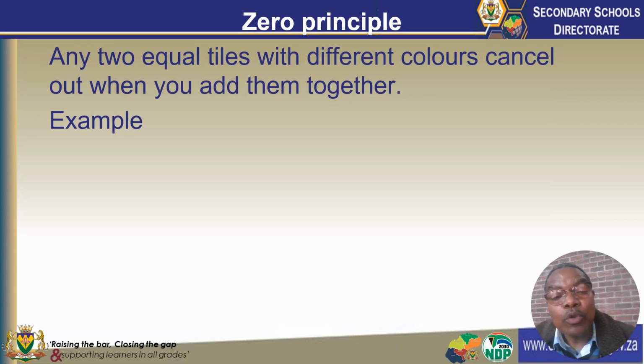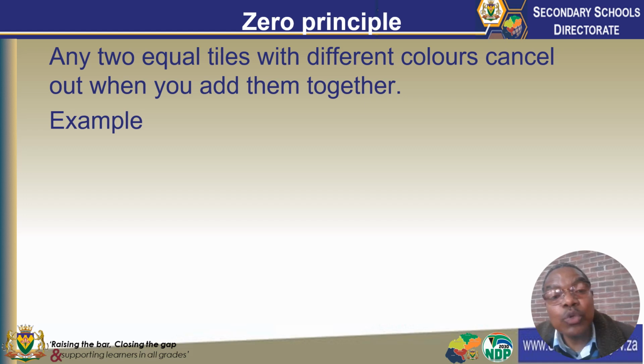Now, we know when you say minus 1 plus 1 or 1 minus 1, the answer is 0. We refer to these as what? Inverse operations. So the result 0 is called what? Additive inverse, the additive identity. So now in terms of tiles, we have the zero principle.